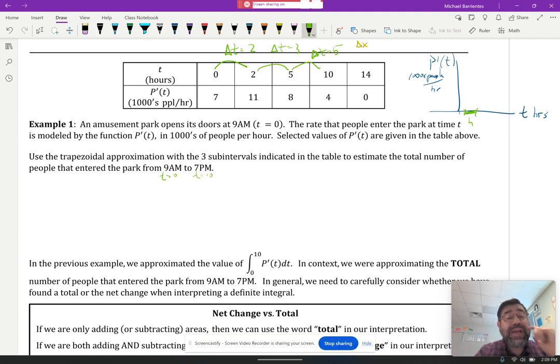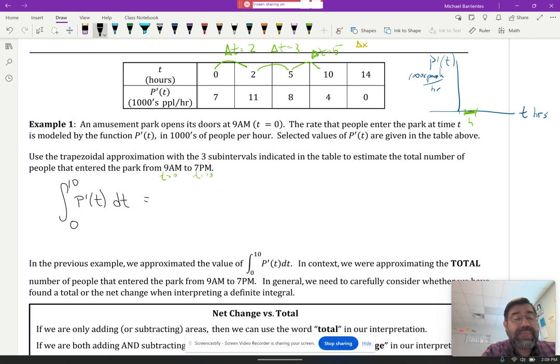Great. So now I'm going to apply my notation, and I'm going to say the integral from 0 to 10 of p prime of t dt is equal to, I'm going to set it up two ways so that you can see that it works both ways. So here we have 1/2 times the height.